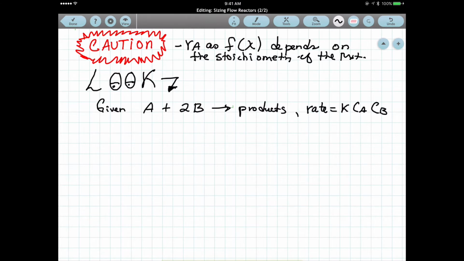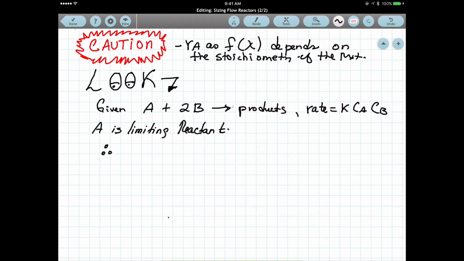The statement provides you the rate of reaction. Remember, that should be given to you, or you should be able to get it from the mechanism of the reaction. So let's derive an expression for the rate in terms of conversion.